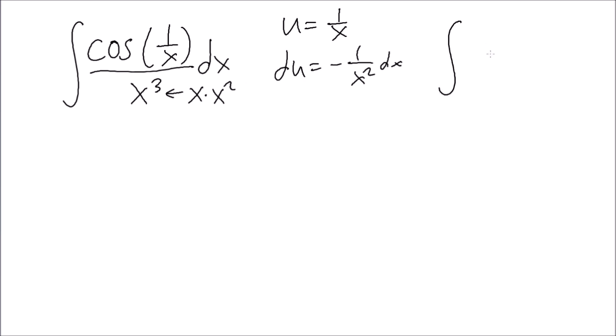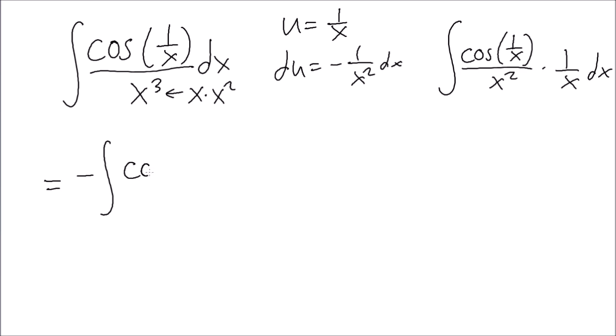So what we technically have is cosine of 1 over x, times 1 over x squared, times 1 over x, right? So when we do our u-substitution, this becomes negative cosine of u times u du.